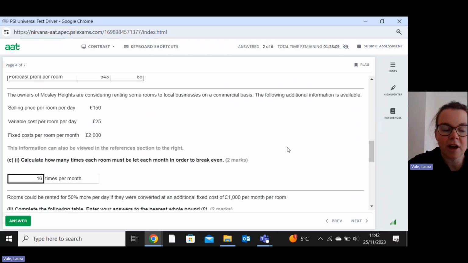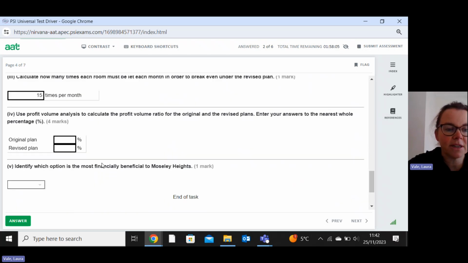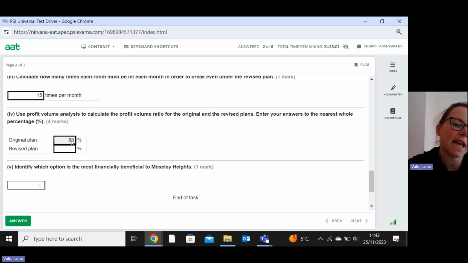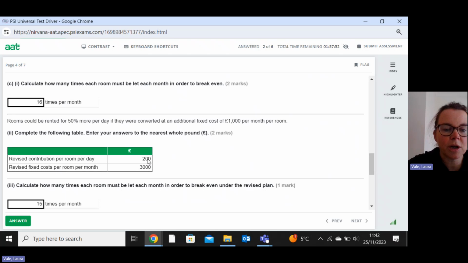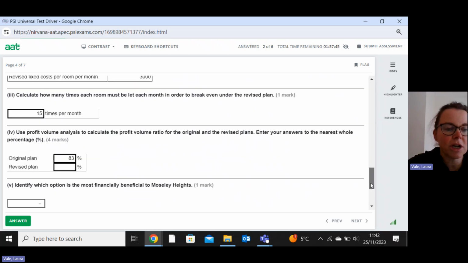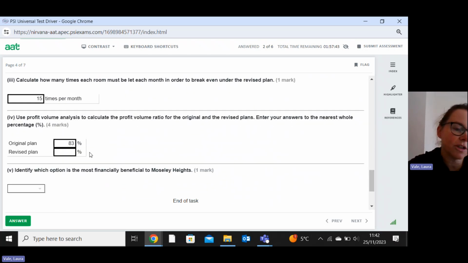So if I do 125 divide by 150 times 100, and it wants it to the nearest whole percentage, so the answer is 83%. And then for the revised plan, the new contribution we know was 200. The new selling price was 225. So 200 divided by 225 times 100 gives you 89%.